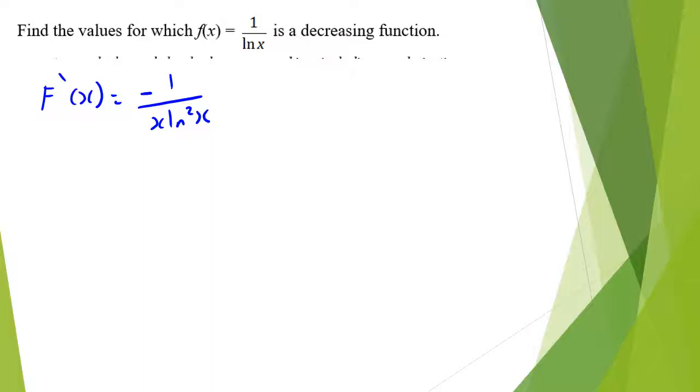So negative gradient means the function is decreasing. Now if you draw this function, you will see f(x) is defined for x greater than 0, x less than 1, and also x greater than 1.